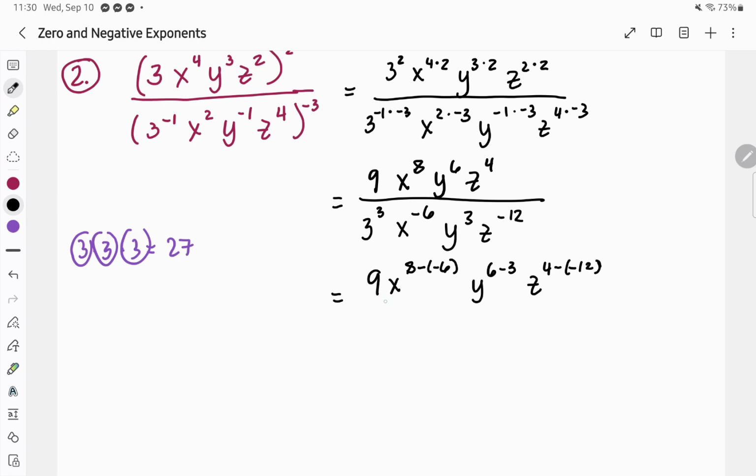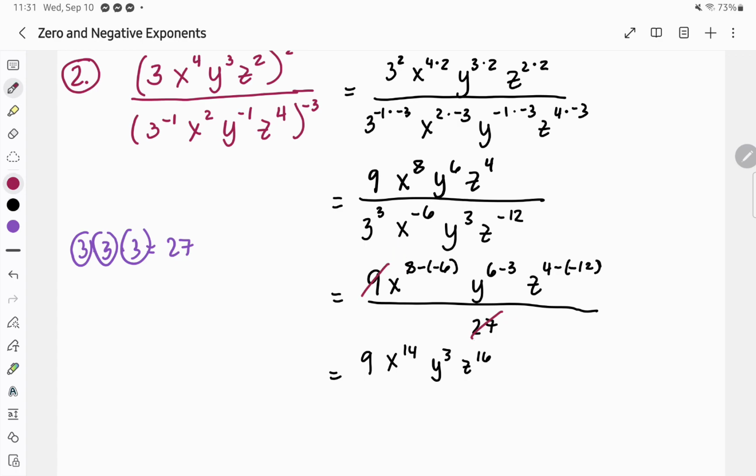Okay. All over 3 raised to 3, gaya nga ng sinabi natin kanina, that is 27. So, from here, we will have 9. 8 minus negative 6 is positive 14. 6 minus 3 is positive 3. 4 minus negative 12 is positive 16. Now, simplify na nga rin pala natin to.